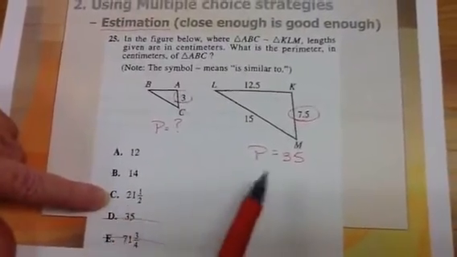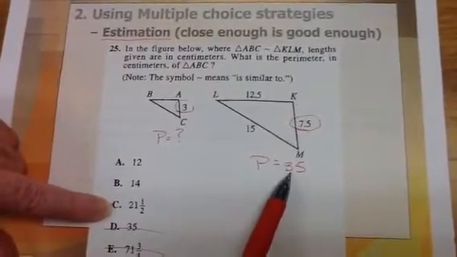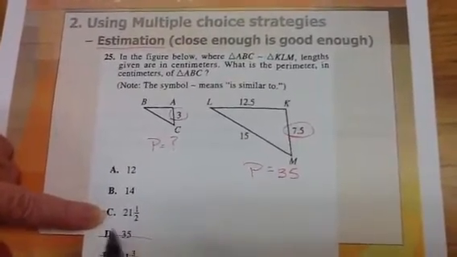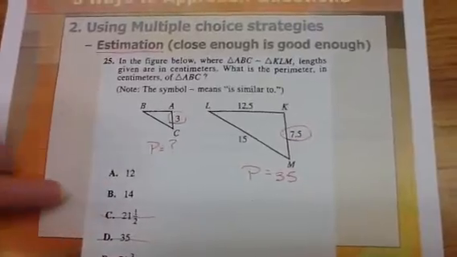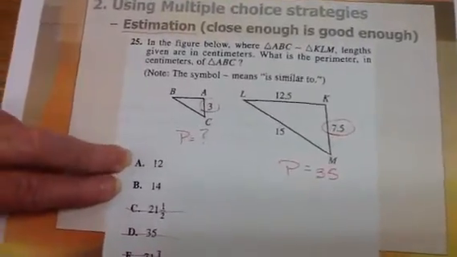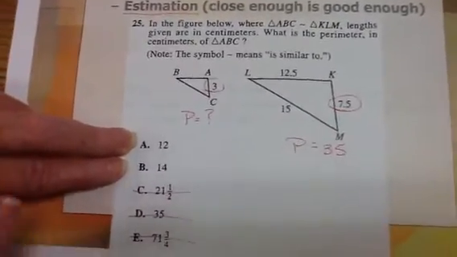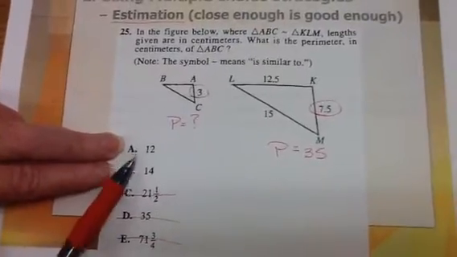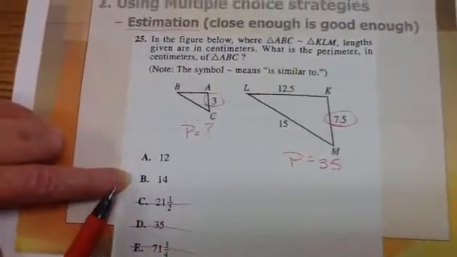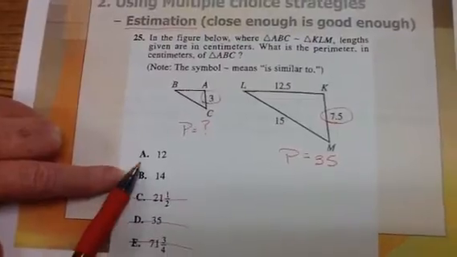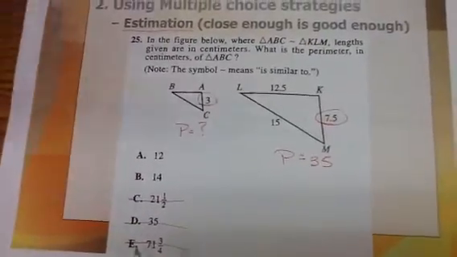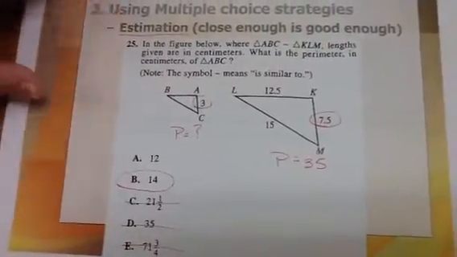The 21.5 is more than half of that, so I'm going to go on and throw that answer out. I've now, just through common sense and looking at this problem, narrowed it down to 2 answers. I now have a 50% chance of getting the answer right. Again, hopefully you would guess the 14.